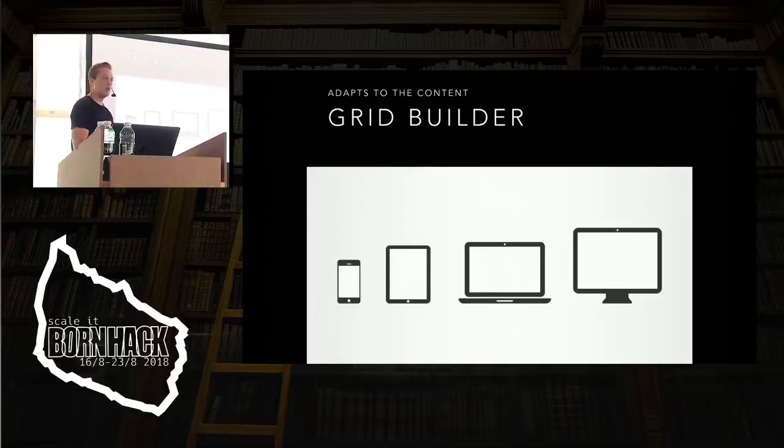We did it the other way around, where we start out with the content and say, okay, let's say in Amazon's case, we have 5 books we want to present to the user. And then based on those books and the importance of each book, we try to generate the best grid for those books. So it's completely the other way around, where the initial design doesn't define the final output.